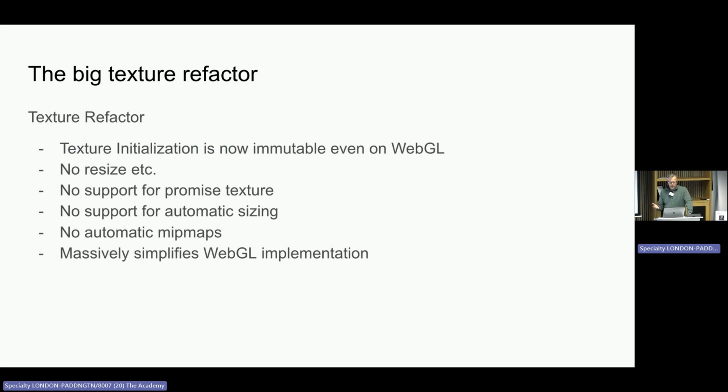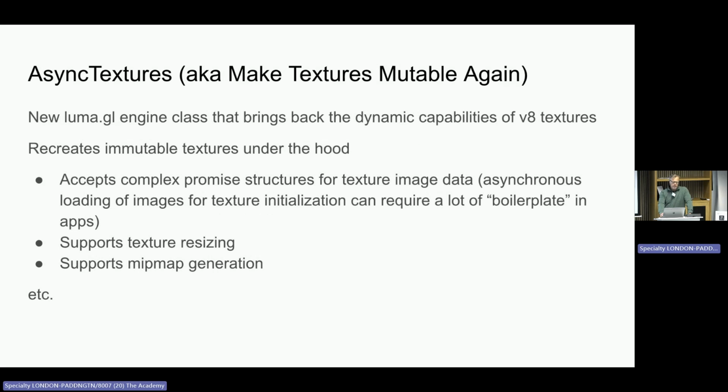Textures will no longer support resize, no longer accept promises for data. They won't automatically calculate their size or automatically generate mipmaps and so on. This massively simplifies our implementation, but obviously creates problems for applications. So in the engine layer, we're building a new class, async textures, which makes textures mutable again, if you will.